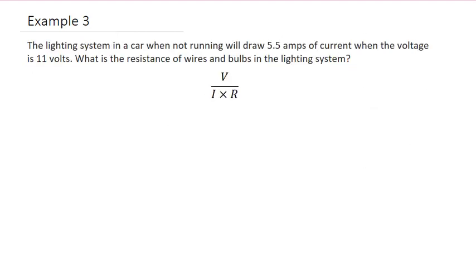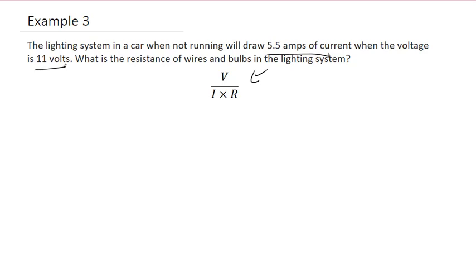Here we have the lighting system in a car. When not running, it will draw 5.5 amps of current when the voltage is 11 volts. What is the resistance of wires and bulbs in the lighting system? Once again, we're going to substitute these numbers into this equation here. Here we have current, and then we have the voltage.